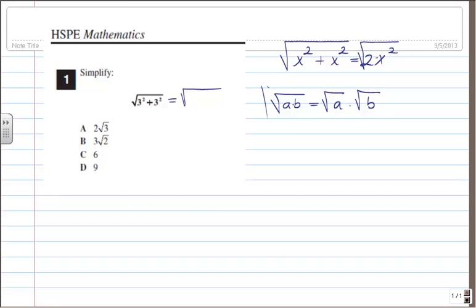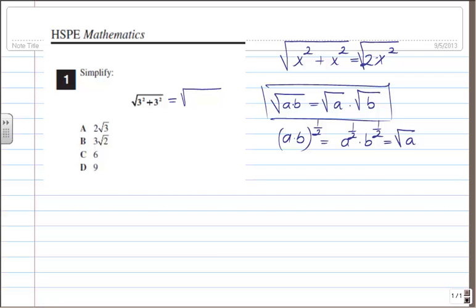This is one of the properties of square roots, or if you want, the properties of the laws of exponents, because square root of ab is actually ab to the power of 1/2, which, if you guys remember, will be a to the power of 1/2 times b to the power of 1/2, which actually is square root a times square root b.